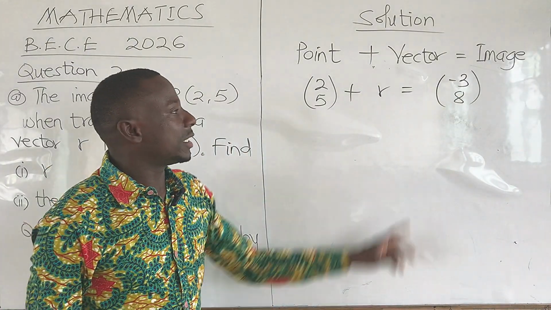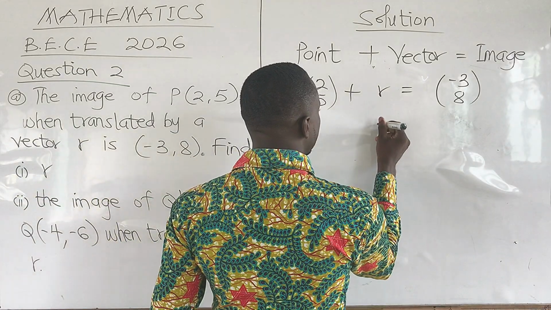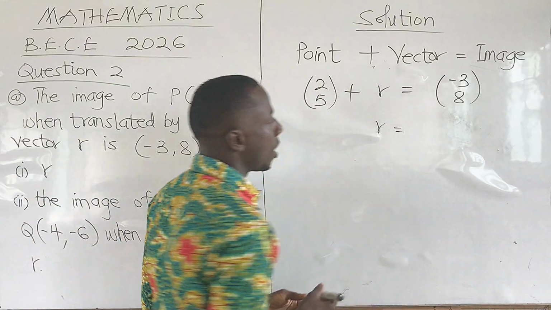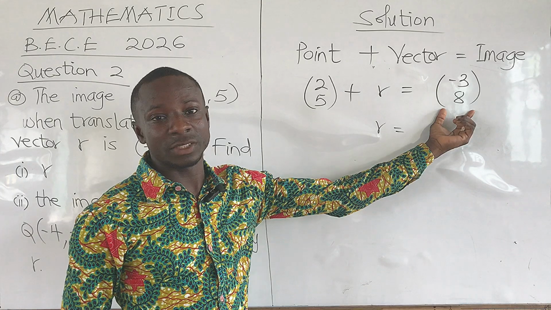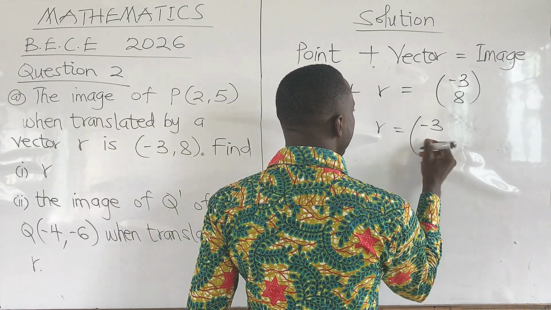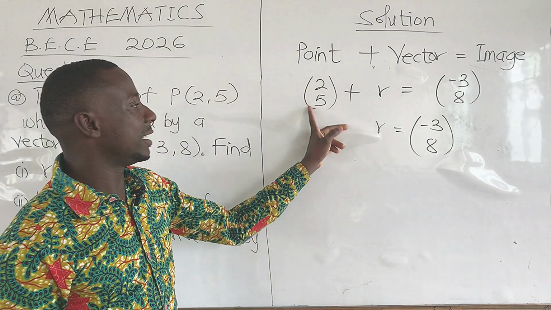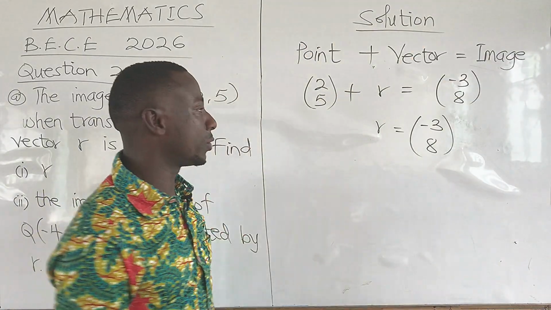Now at this point, we are only going to make R the subject. So now R is equal to this particular image, (-3, 8). Then this moves to the other side of the equal to sign.